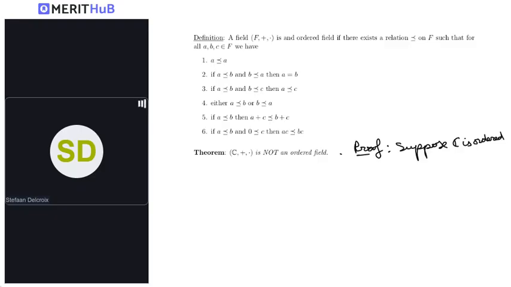Then i is something weird. Well, then either i is positive or it's negative, right? So either i is bigger than or equal to 0, or i is less than or equal to 0.